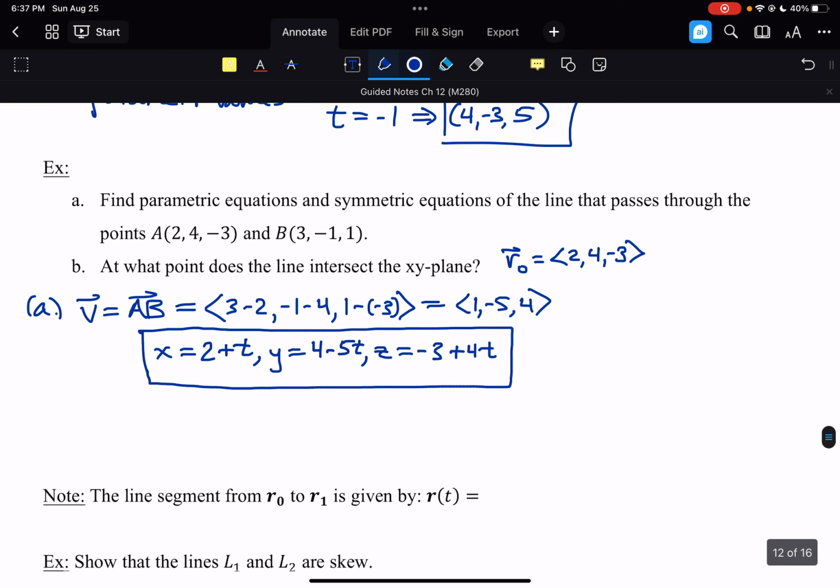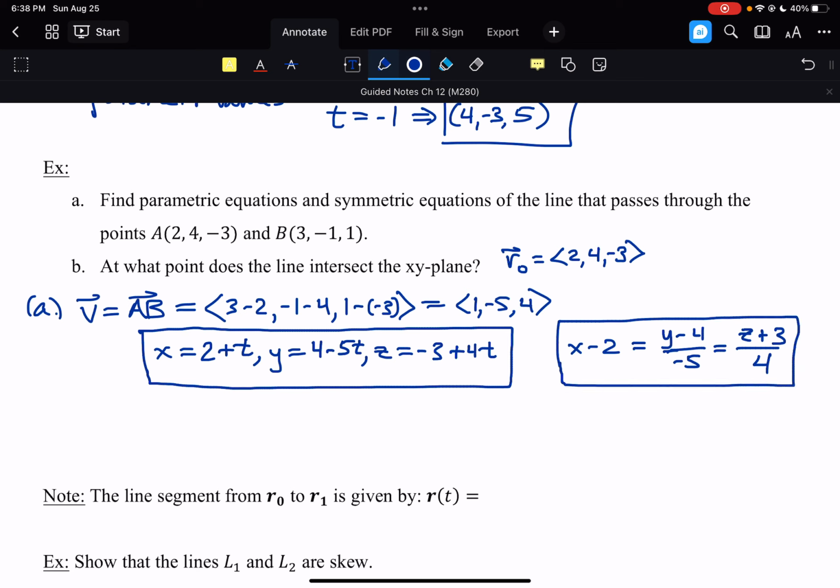So this one, when we do that, we end up getting x minus 2, technically it's over 1, but you don't really need to put over 1, equals y minus 4 over negative 5 equals z plus 3 over 4. And those would be the symmetric equations of the line.